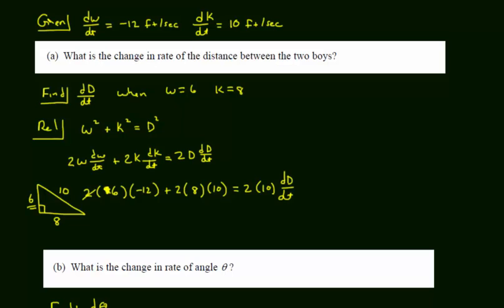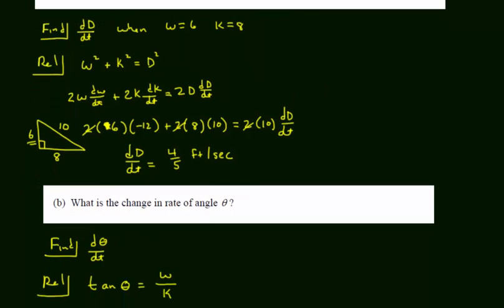My first move looks like, let's get rid of each of these 2's and then simplify from there, and then dd/dt equals 4/5 feet per second after we simplify. Let's go look at the next one.